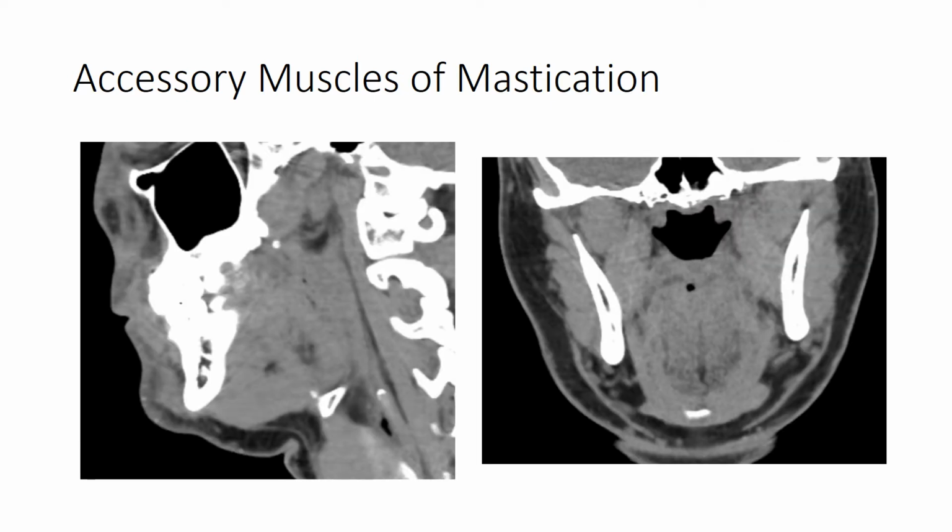So here I have sagittal and coronal section CT. I'm trying to demonstrate the accessory muscles of mastication. So on the sagittal section CT, we have the anterior belly of the digastric muscle attaching to the mandible here and the hyoid bone here.